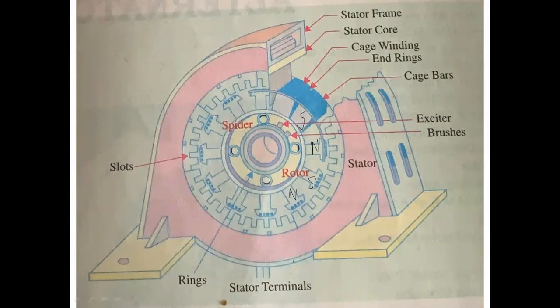The magnetic poles are excited from a direct current supply by a DC source of 125 to 600 volts.